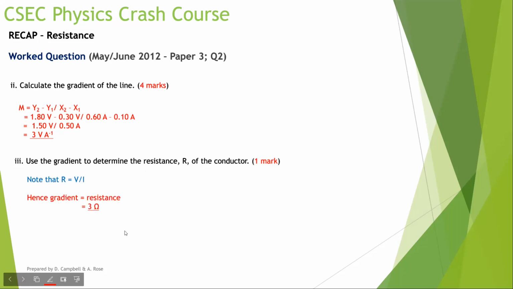And that's the same thing that you have on the graph, voltage over current. So the same value that you get for the gradient would be equivalent to the resistance. The volts per ampere is the same as ohm. So the gradient is equal to the resistance, which is 3 ohms.